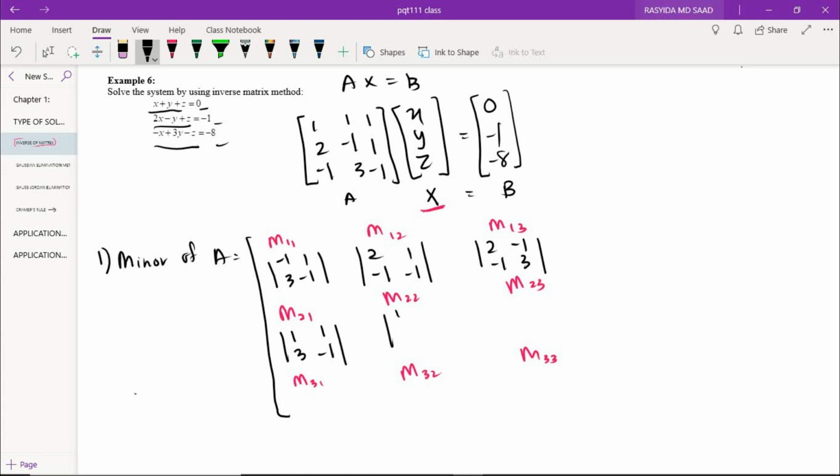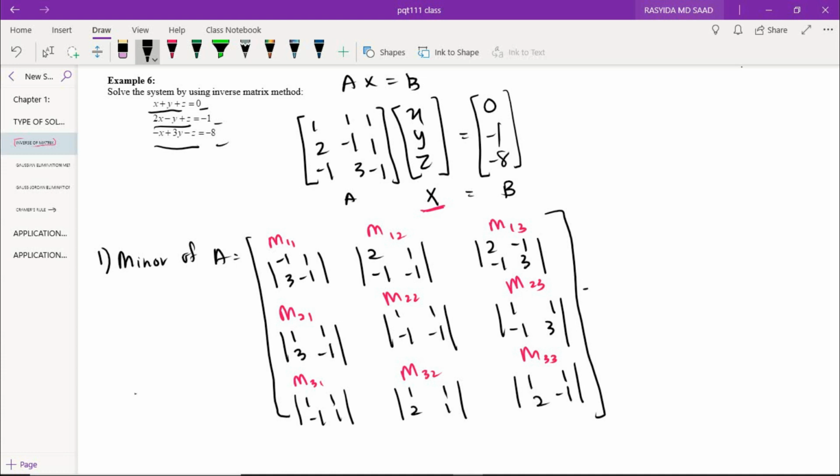M22, 1, 1, negative 1, negative 1. M23, negative 1, 1, negative 1, 3. M31, 1, 1, negative 1, 1. M32, 1, 2, 1, 1. M33, 1, 1, 2, negative 1.